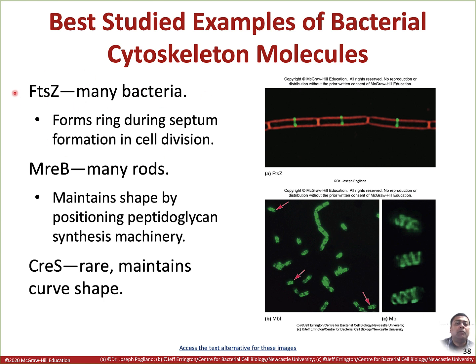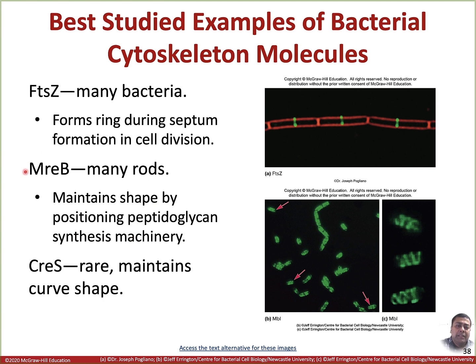FtsZ is very similar, or analogous, to the tubulin protein which forms the microtubules in eukaryotes. On the other hand, MreB or Mbl are proteins present in many bacilli that maintain shape by positioning the peptidoglycan synthesis machinery, mainly in bacilli.